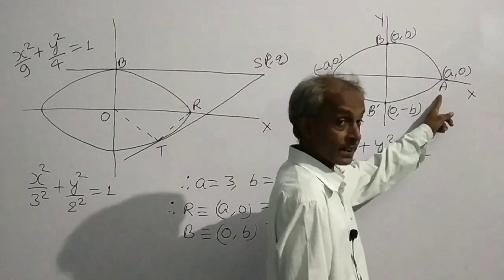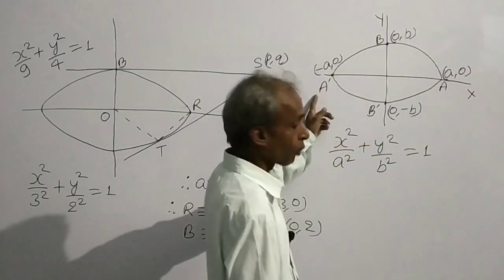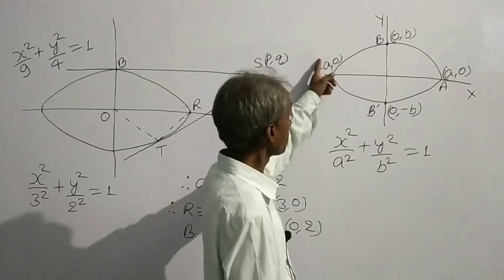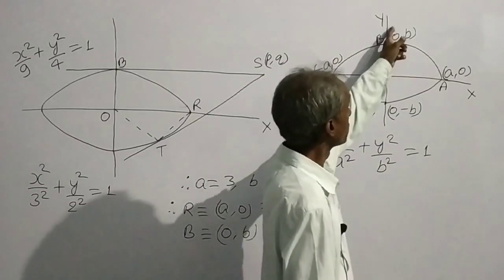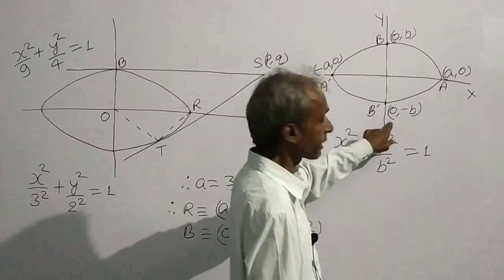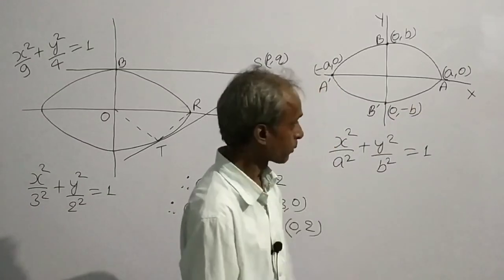Coordinate of point A is a, 0. Coordinate of A dash is minus a, 0. Coordinate of point B is 0, b. Coordinate of point B dash is 0, minus b.